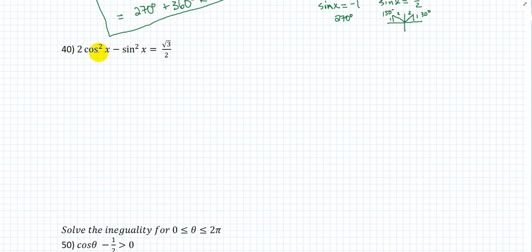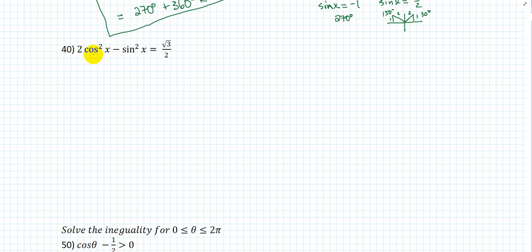Okay, another good problem is 2 cosine squared x minus sine squared x. Here you want to double check that that's not a half angle identity. I'm going back in my book, and no, cosine squared x minus sine squared x is a half angle identity, so we can't use that.